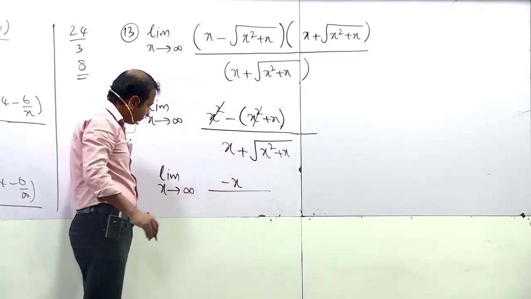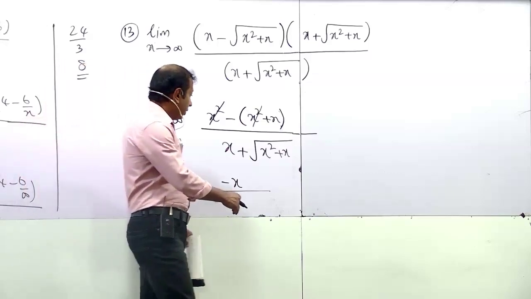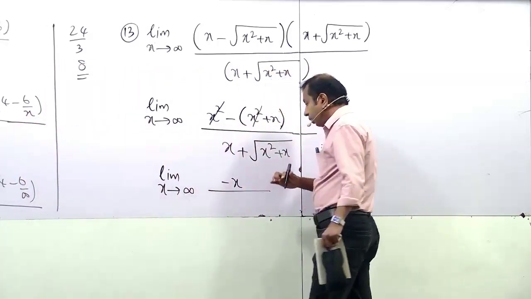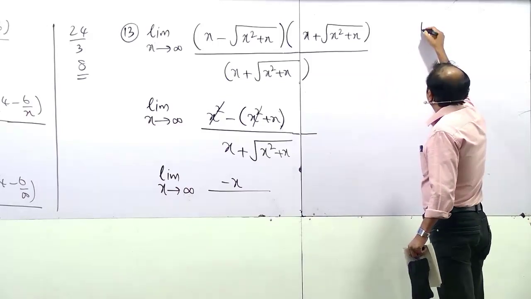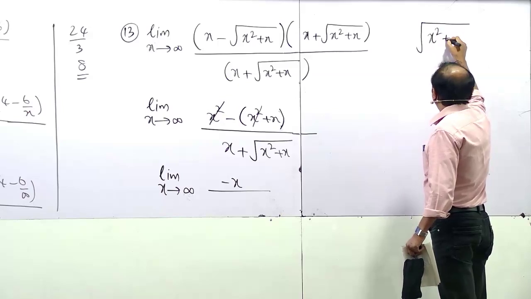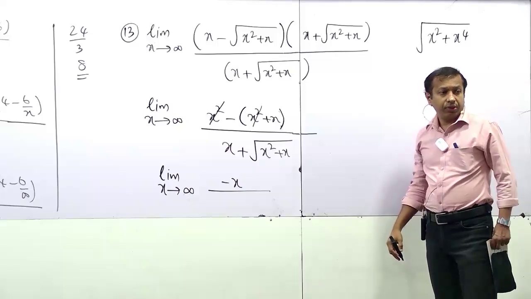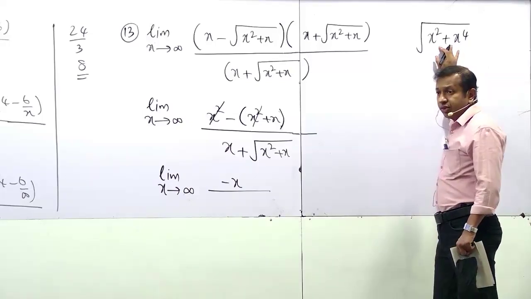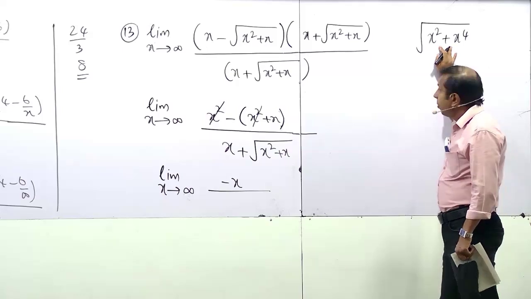Right, people, now from this denominator we have to take x out. People remember like this. Here, suppose we have a root, with x squared and x power 4 sum here. Since x squared inside the root sign is common, I am supposed to take x squared out. Okay.